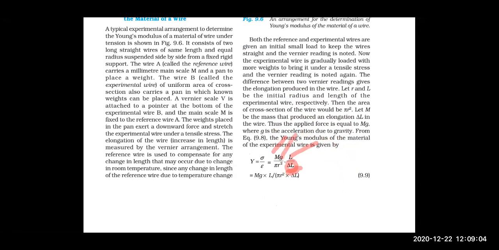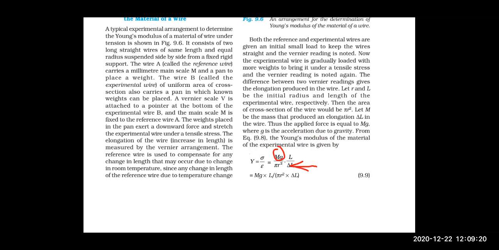G value is known. Area of the wire, pi r square, is known. So all the things are known now. Why did we do the experiment? So that we can find the value of elongation, that by putting this much weight, how much the elongation is.